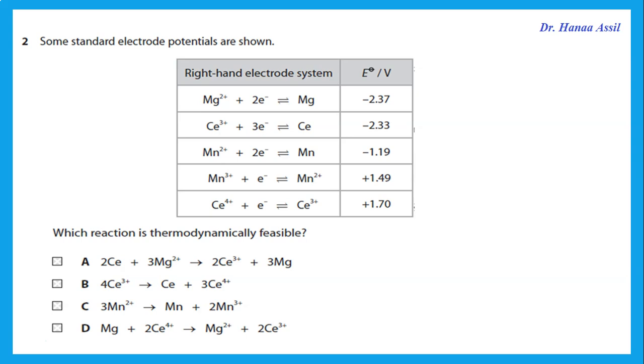Some standard electrode potentials are shown. Which reaction is thermodynamically feasible? How do we know if a reaction is thermodynamically feasible? First of all, we know that according to the table here, whatever has the first reduction electrode potential that is negative is a better reducing agent.